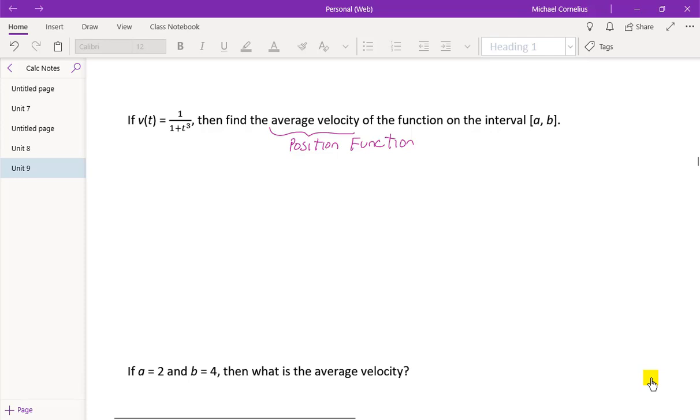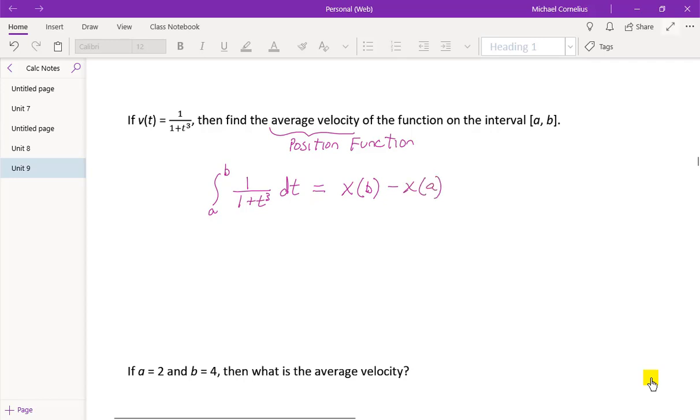So if we're looking over the interval from a to b, that means the integral from a to b of v of t, so this is 1 over 1 plus t cubed dt. We know that this integral here is equal to the position function x of b minus x of a.